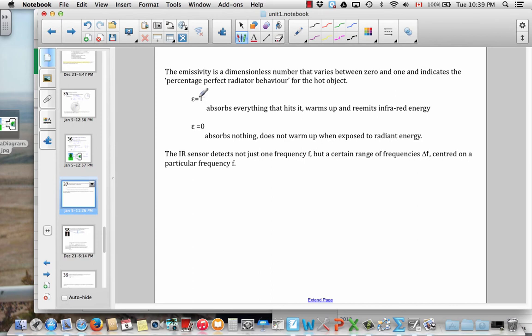Another parameter that was new there was the emissivity, and that's really just a percentage. It tells us how good a radiator / absorber this object is. For an emissivity of 1, that's a 100% perfect absorber and emitter, so it absorbs everything and emits perfectly according to the Planck curve.